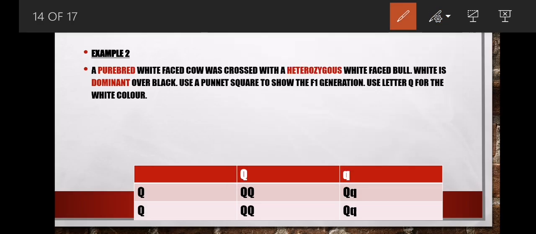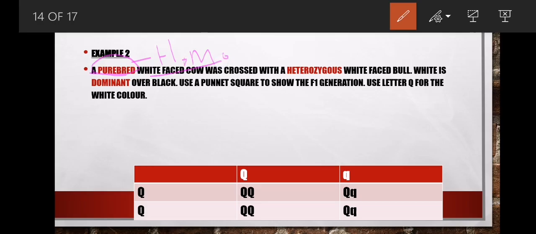Let's read again. A purebred white-faced cow. It's a cow that is white. And the alleles, they are purebred. When we talk about purebred, they can also use homozygous.